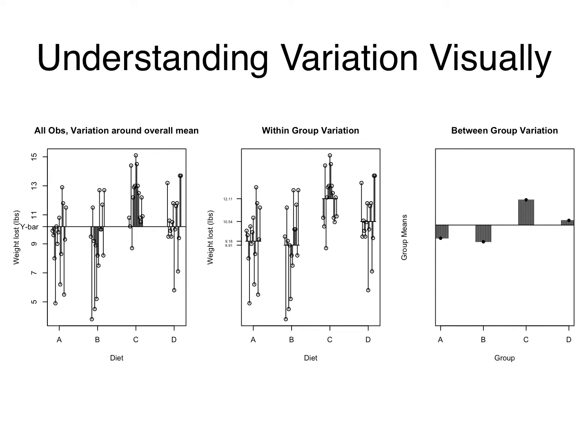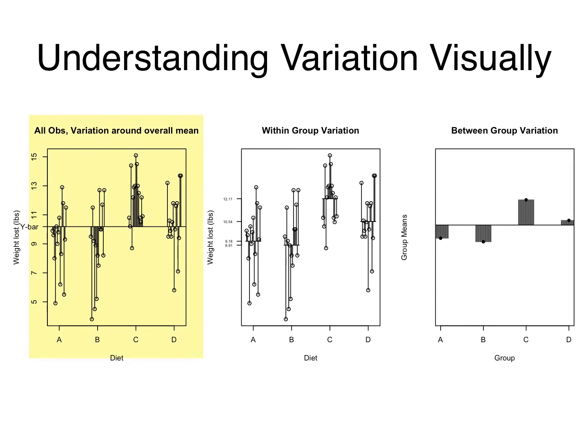So this slide shows a visual example of the total variation, within group variation, and between group variation when four groups are being compared. Remember that with one-way ANOVA, we are assuming that the variation is the same across groups, and that under our null hypothesis, all groups have the same mean.